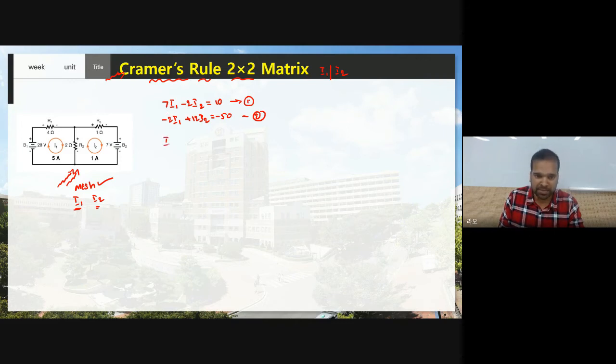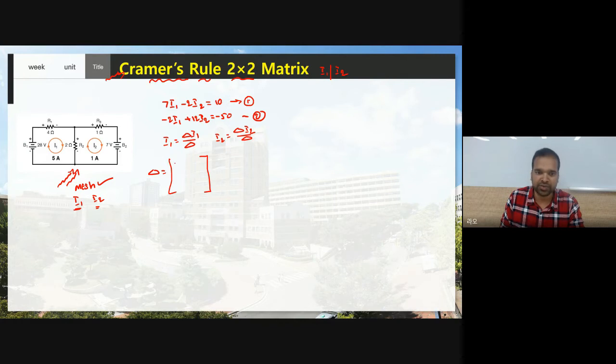By using Cramer's rule, you can find I1. The formula is delta I1 by delta. And you can find I2. The formula is delta I2 by delta. If you know the delta, delta I1 and delta I2 values, you can find I1 and I2. Therefore, the delta you can write by using equation 1 and equation 2.